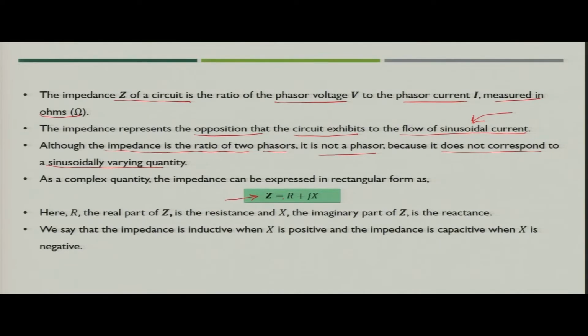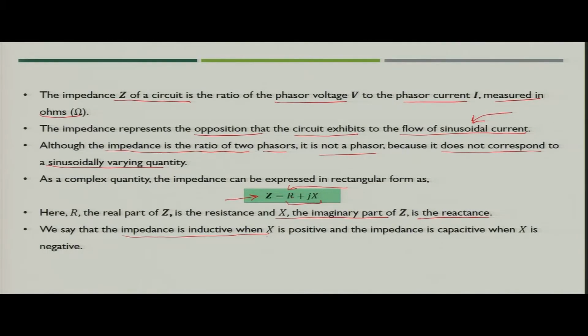The complex quantity for impedance is generally represented as Z is equal to R plus jX, where R is the real term, which is the resistance in the impedance, and X is the imaginary part of Z, which is called reactance. Now, impedance is inductive when X is positive.